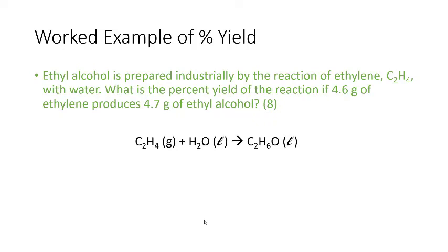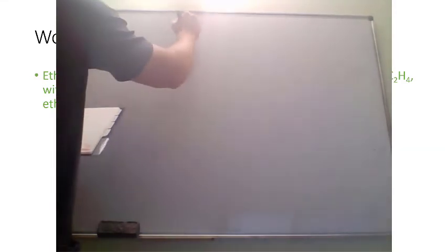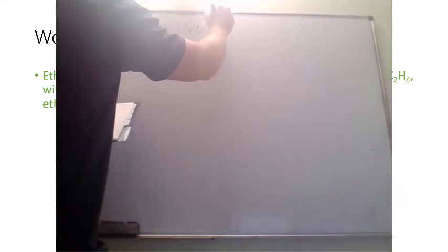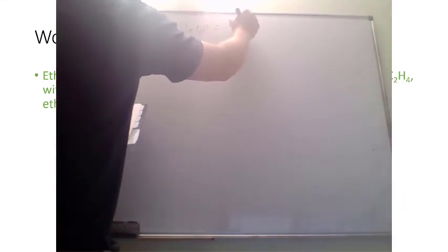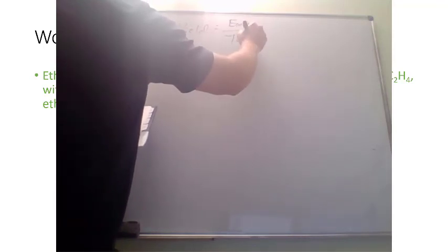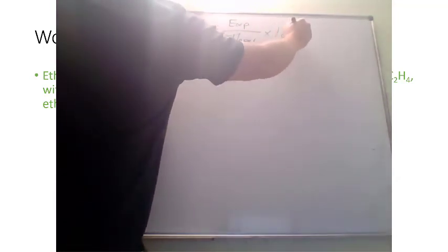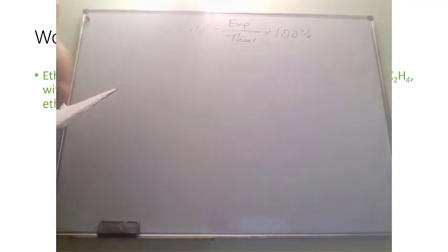So we know that we're going to be talking about a percent yield problem, and our percent yield is going to equal the experimental over the theoretical times 100%.